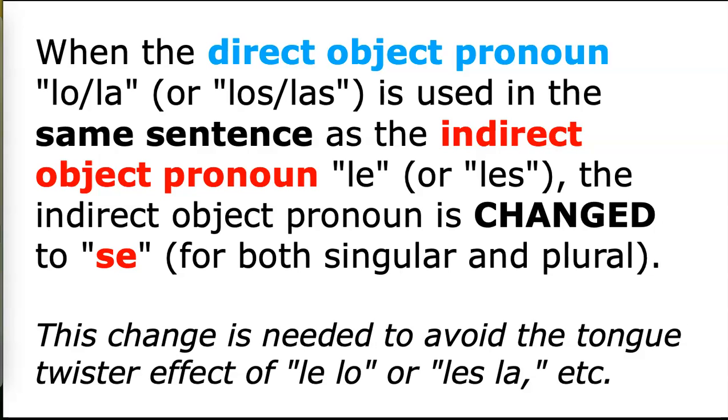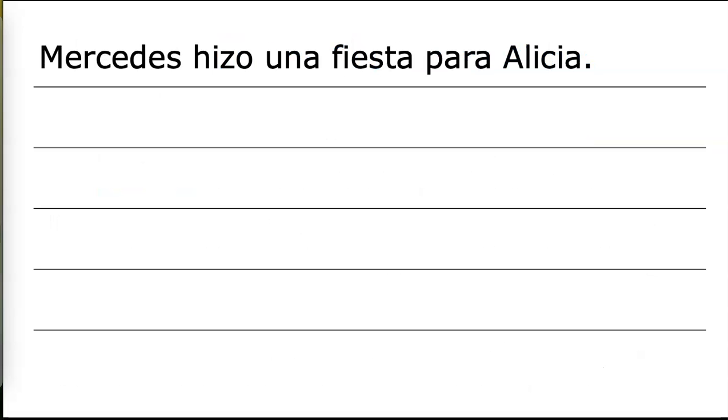This change is needed to avoid the tongue twister effect of le lo, les la, and so on. So let's go ahead and do a few to make sure you have the hang of this.